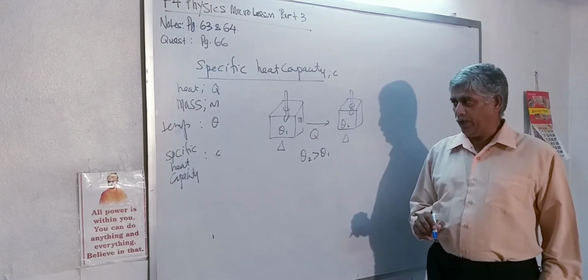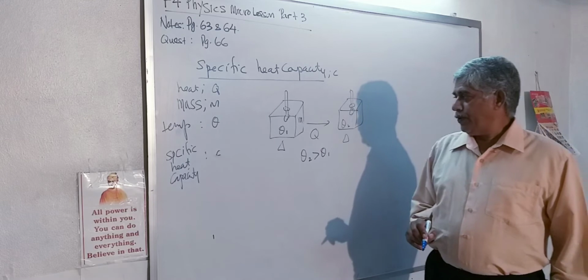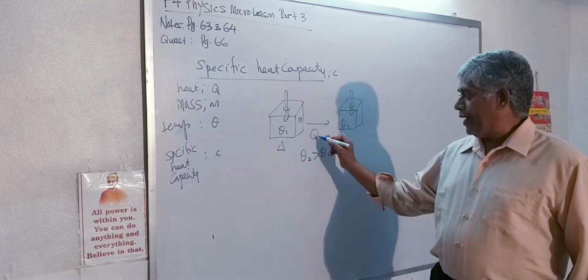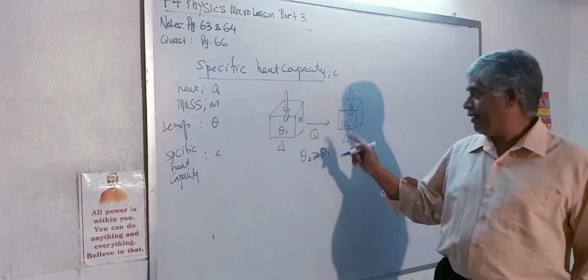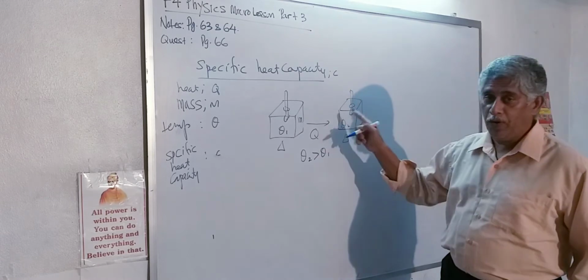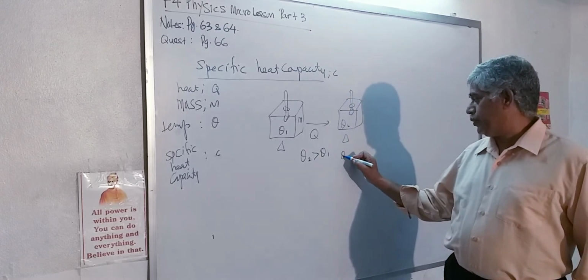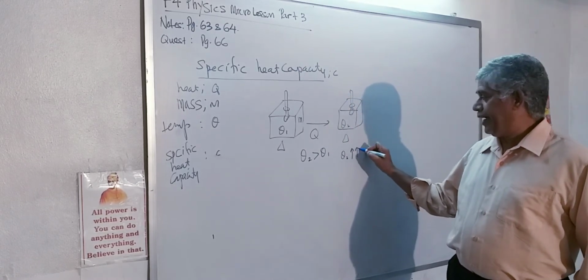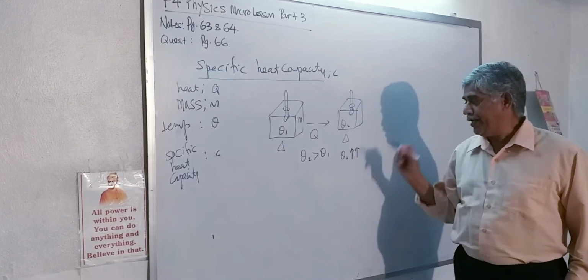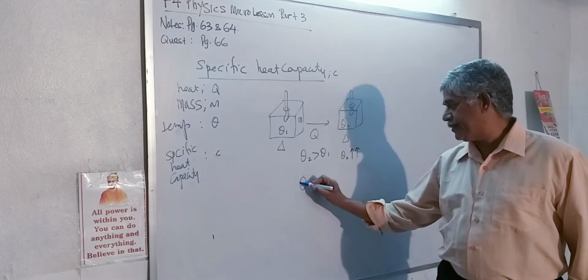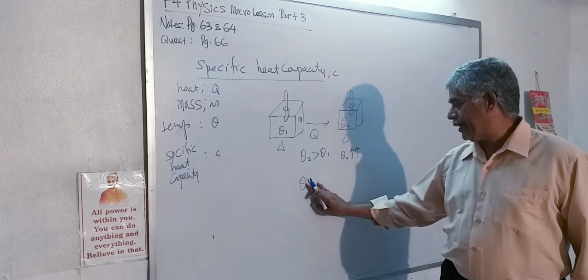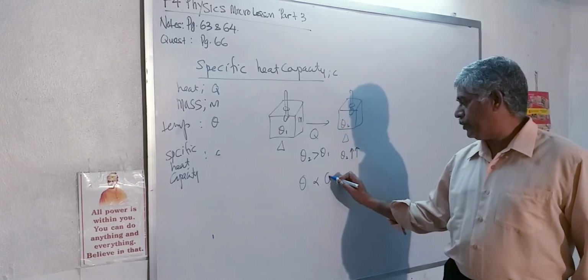Of course, when you heat it up, the temperature becomes higher, so theta 2 is more than theta 1. Let's say if I apply more heat, what will happen? If I apply more heat, the temperature theta 2 will become even higher, right? That means the temperature rise of this object is proportional to the amount of heat that I supply.